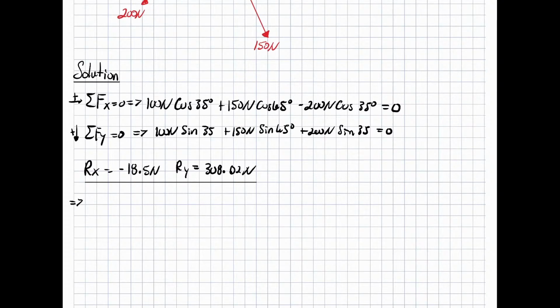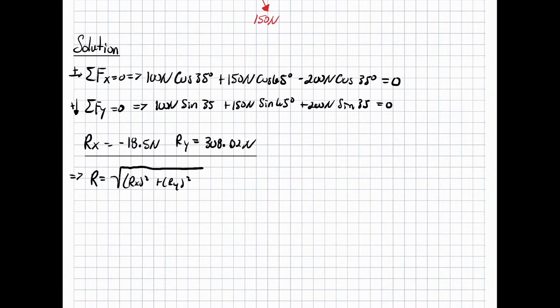To get that, we need to add the sum of squares of Rx and Ry. But before that, we need to find the angle that the resultant is going at.